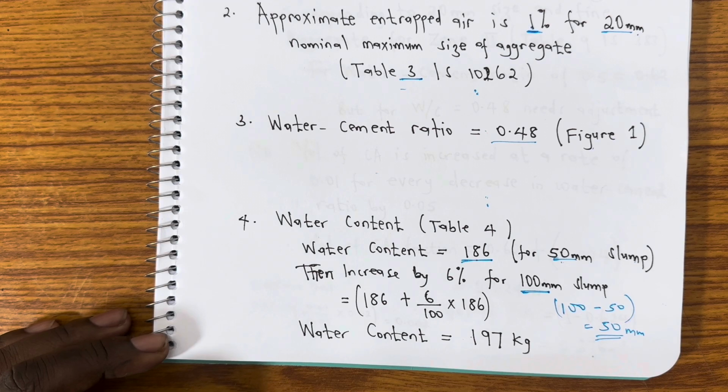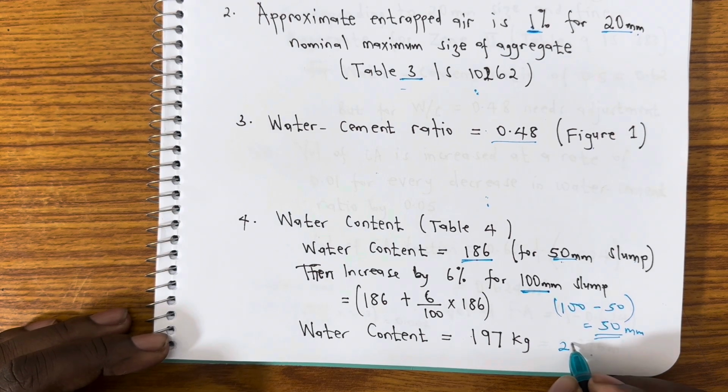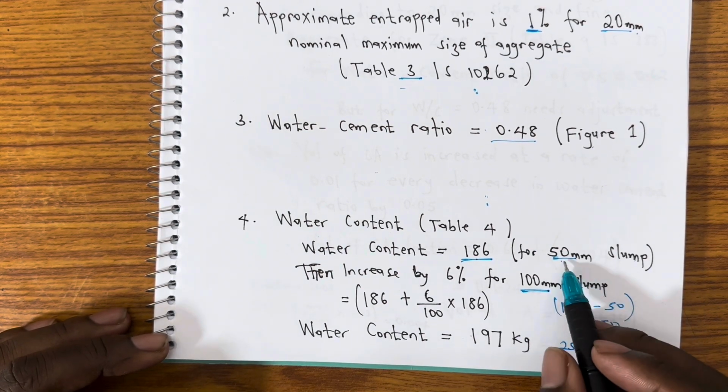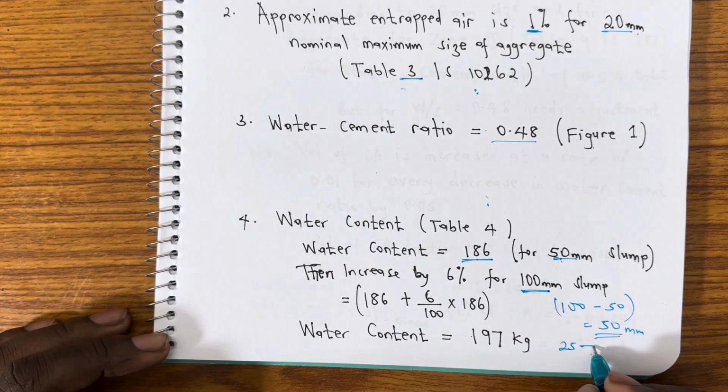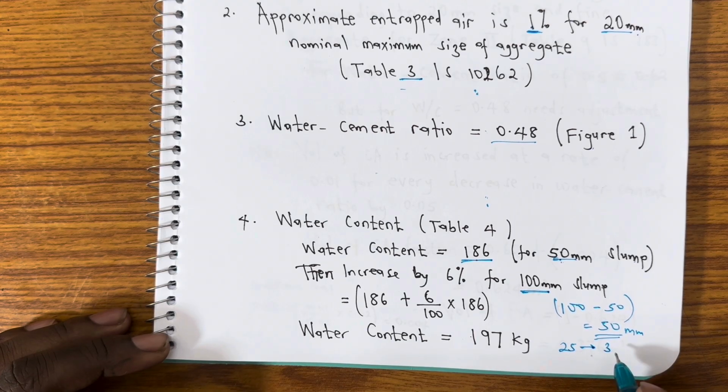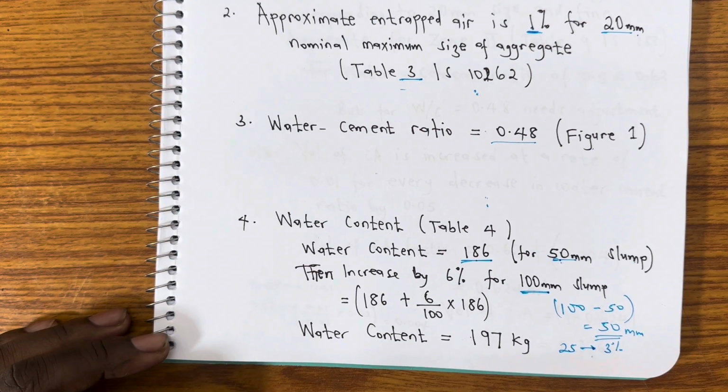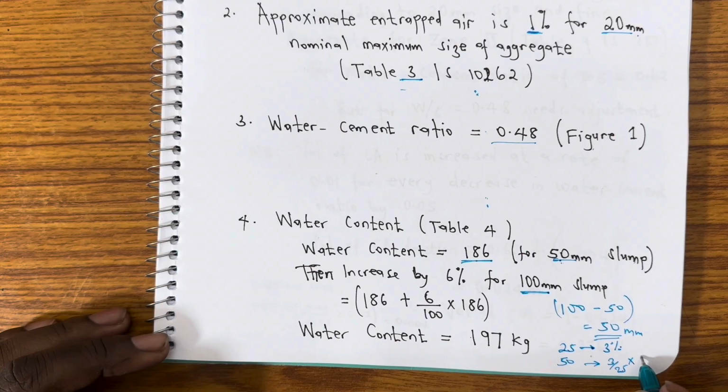But for every 25 increase in the slump, for every 25 that will be added to this 50, you have to increase the water content by 3%. So if 25 is 3%, what about 50? That means 50 will be 3 by 25 times 50.